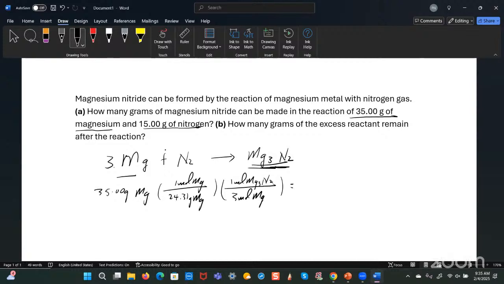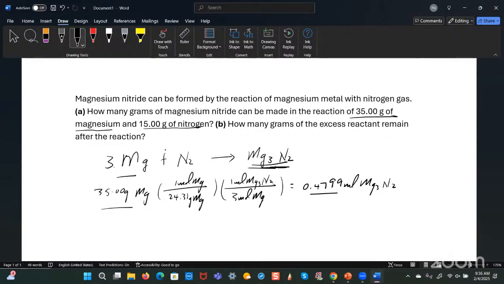So we get that cheap calculator here. 35 divided by 24.31 equals that divided by 3. So according to my calculation, and please correct me if I'm wrong, I got 0.4799 moles of Mg3N2, all right?